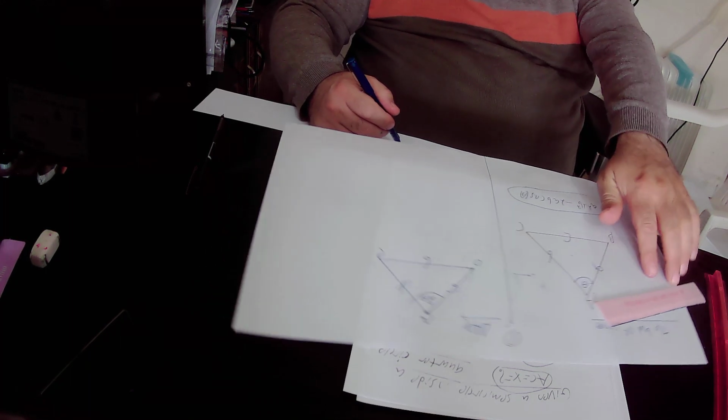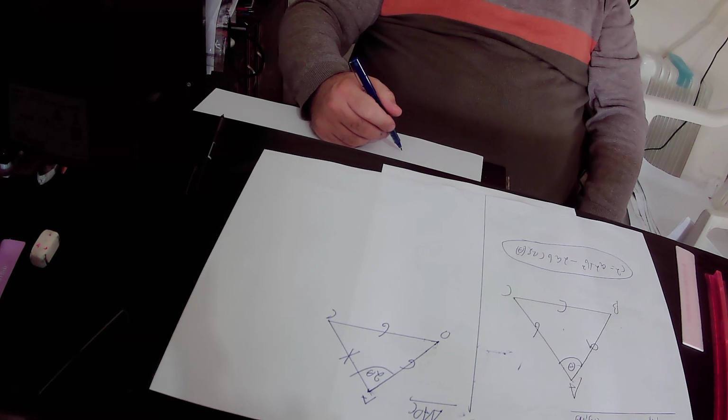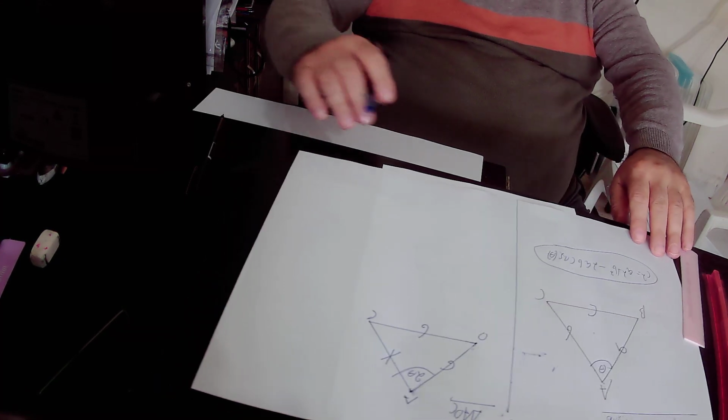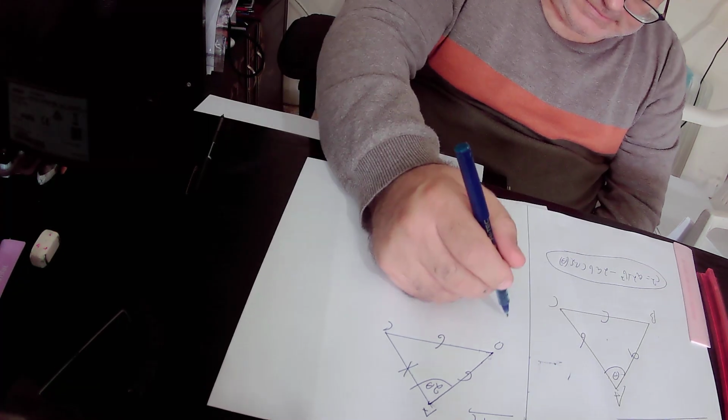Now we will implement the law of cosines in this triangle AOC. According to the law of cosines, this will be equation number 1.